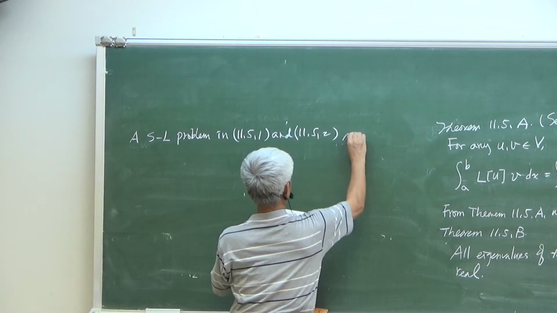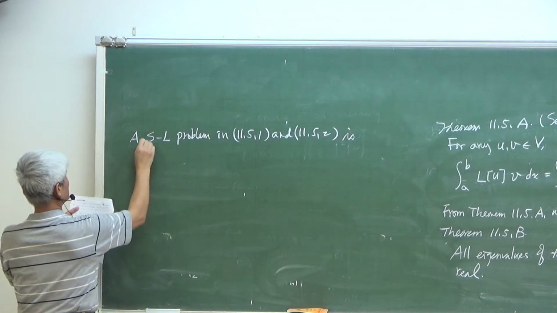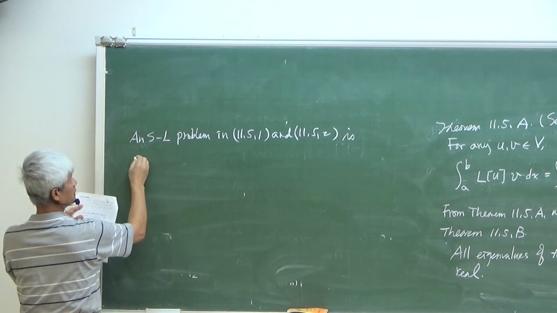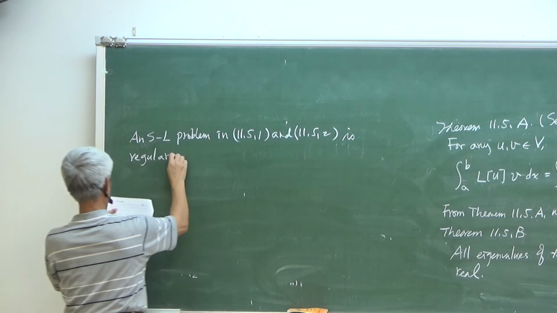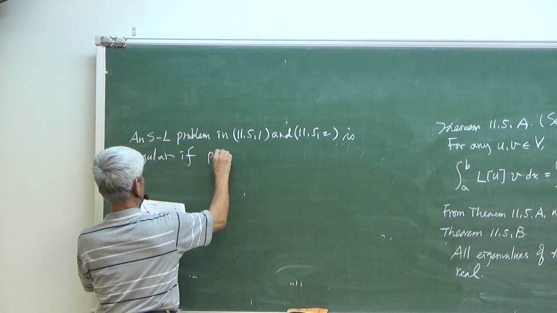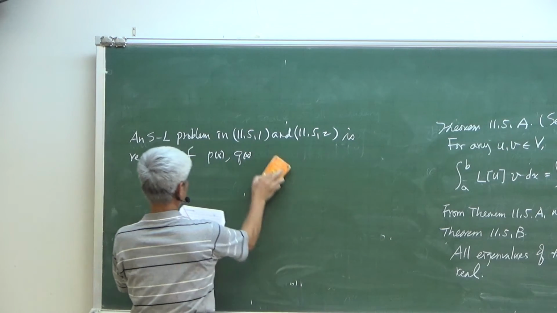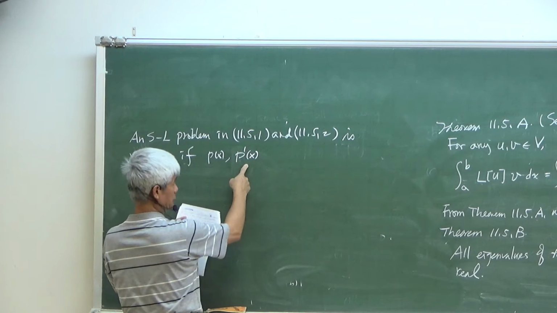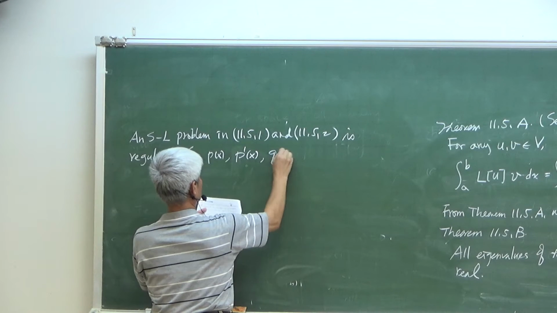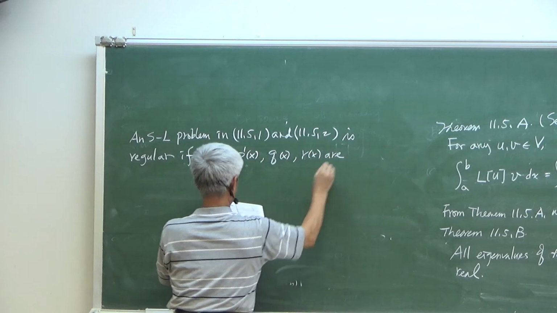Now, right, an SL problem is called regular if p of x, p prime of x, the derivative of p of x, q of x, and r of x are continuous.